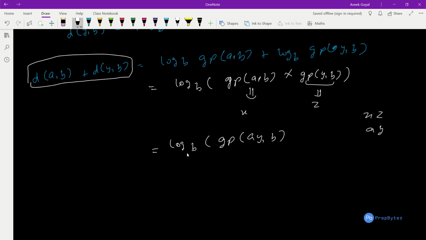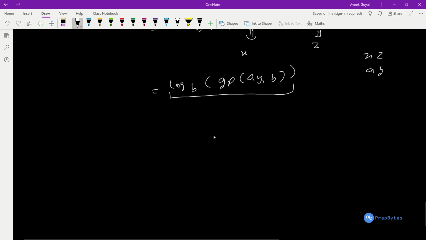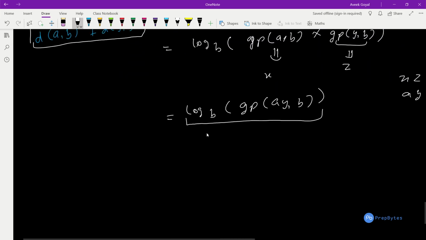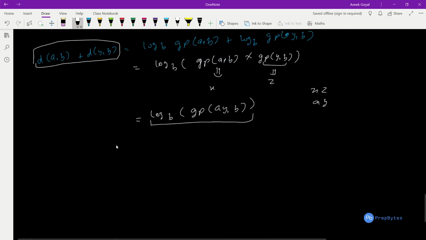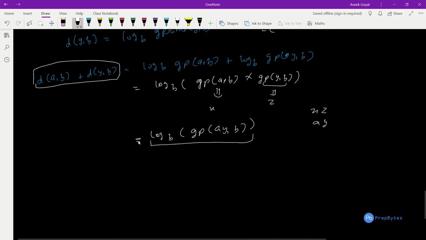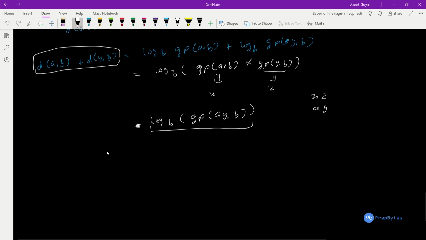Okay, now if we are writing this here, log b of gp of (ay, b), so what will be its d function? Just think about it. What will be the d function? Okay, we cannot write equal to right now. This is not equal to this. So what will be its d function? So just see about it.